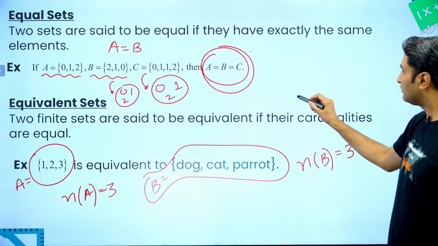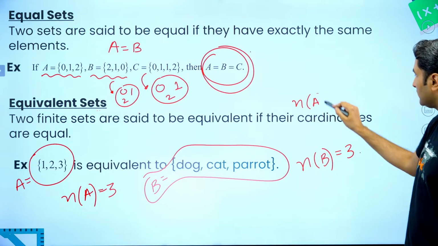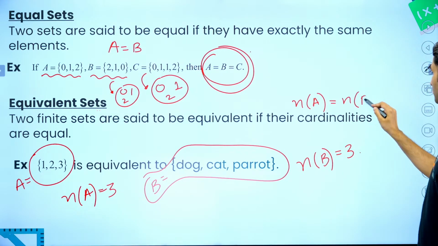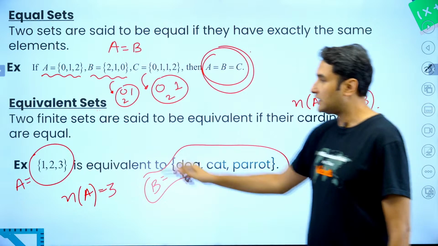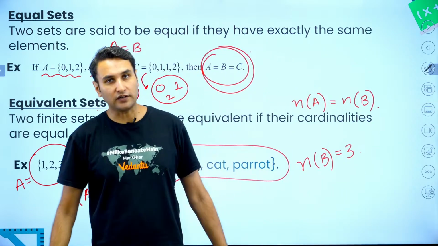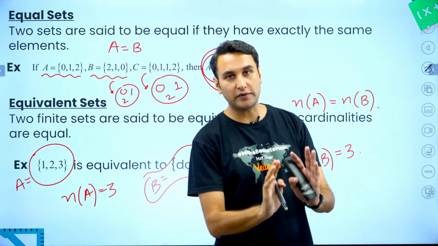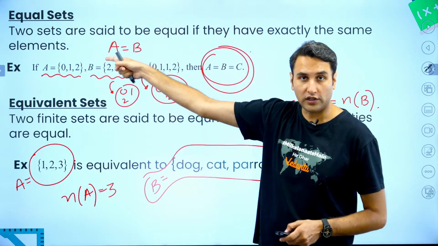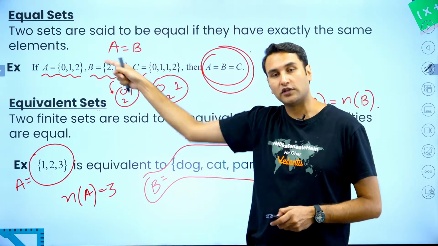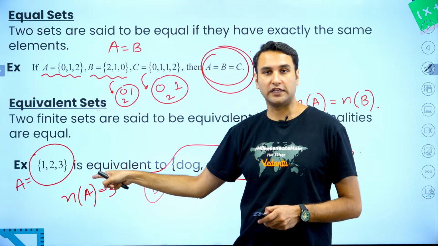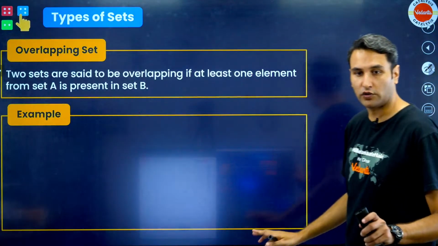Now since the number of elements in set A is equal to the number of elements in set B, we call them equivalent sets, right? Just look at the number of elements, not at all the elements. Only the number of elements should be equal in equivalent sets. Got it? This is clear to all of you?